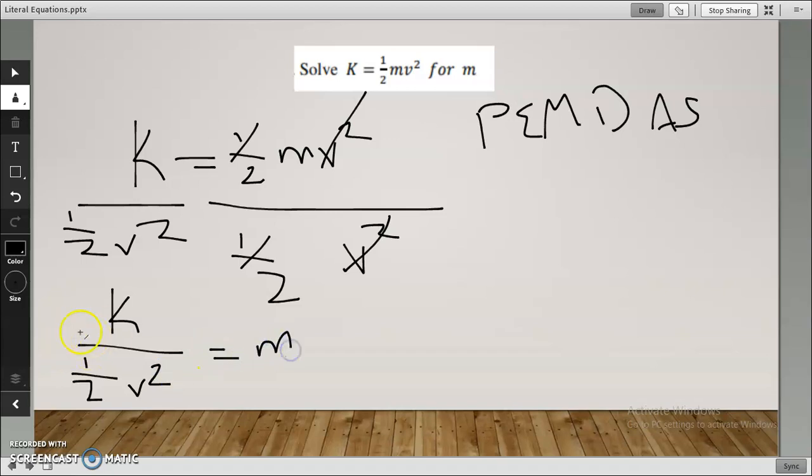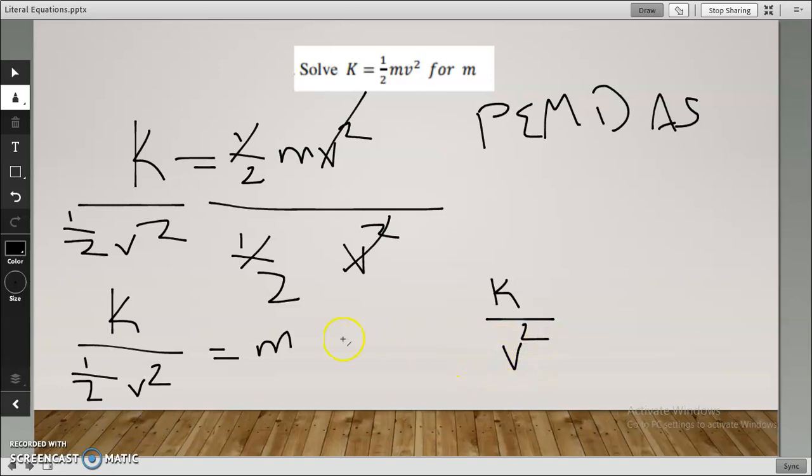Now I can't leave that fraction in my denominator like that. If you recall, when I'm dealing with fractions and multiplication, I have this 1/2. So I have K over v squared.